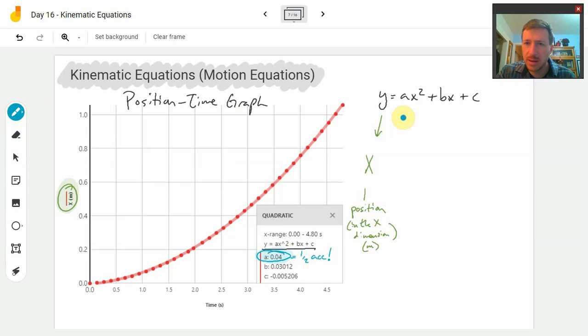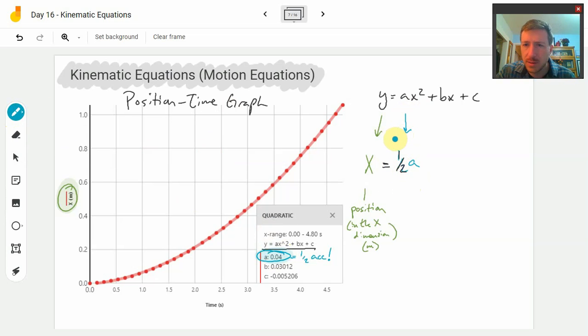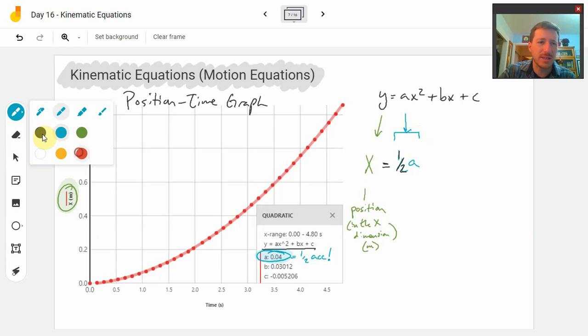So this a represents 1/2 the acceleration. And this 1/2 is just like a general 1/2. So this whole part is what the a is. Our x variable here on the x-axis is time, just like the last one.